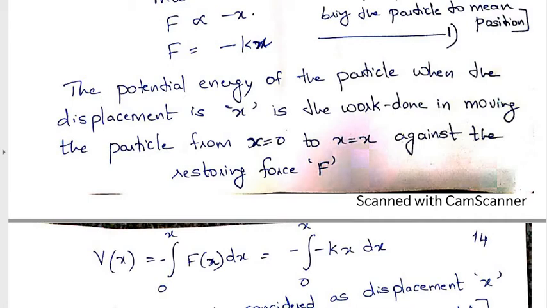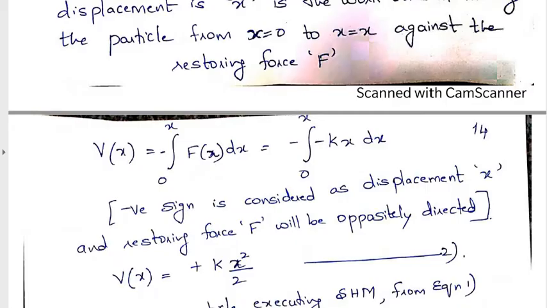So the negative sign cancels out, and therefore we have the integration of kx dx between 0 and x. k is taken outside the integral sign as it is a constant, and the integration of x dx is x square by 2 between the limits 0 and x. So finally V of x is equal to k into x square by 2.